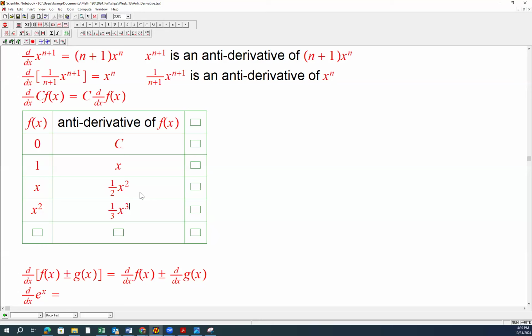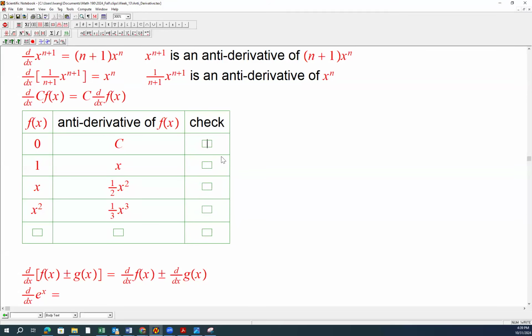I hope by doing this you will not need to memorize these things, because all you have to do to verify if you got the right answer is take the derivative of the antiderivative and you should get the function itself. So how do we check the answer?